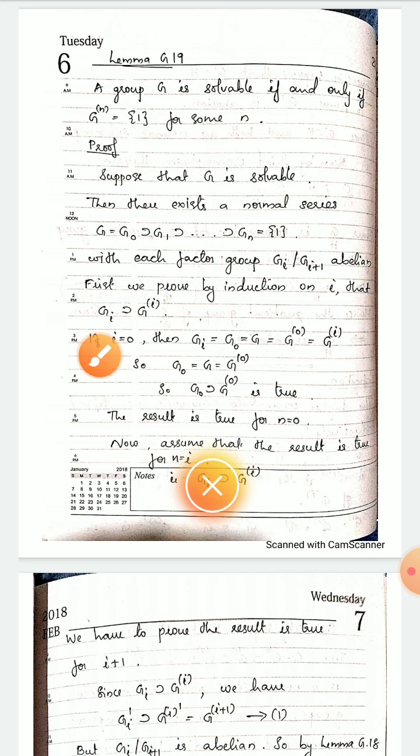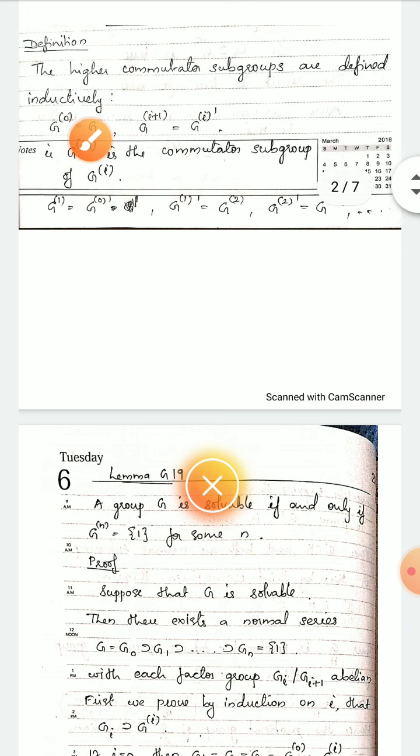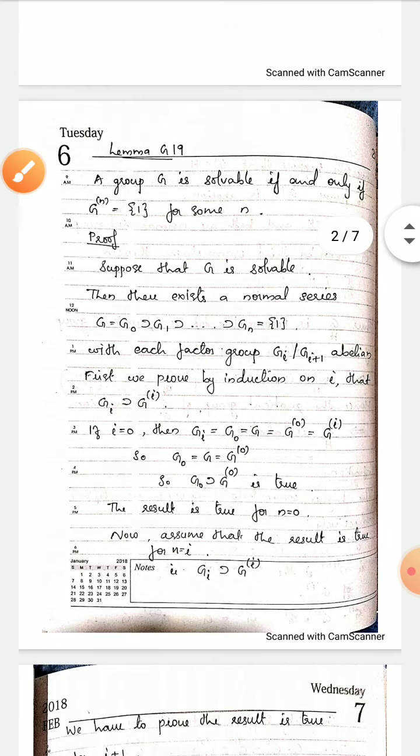So first we check for i equal to 0. Then G0 is G naught, and G naught is G itself, and by the definition of commutator subgroup, G is denoted as G raised to 0. So this is equal to G raised to 0, and here we have taken i equal to 0, so it is G raised to i itself.